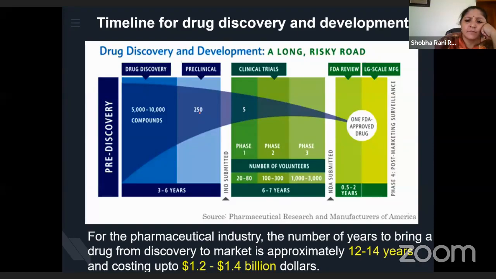After clinical, only 5 molecules, and after the clinical trials, maybe one gets FDA approval. It is a long and risky process, about 1.2 to 1.4 billion dollars over a time of 12 years.